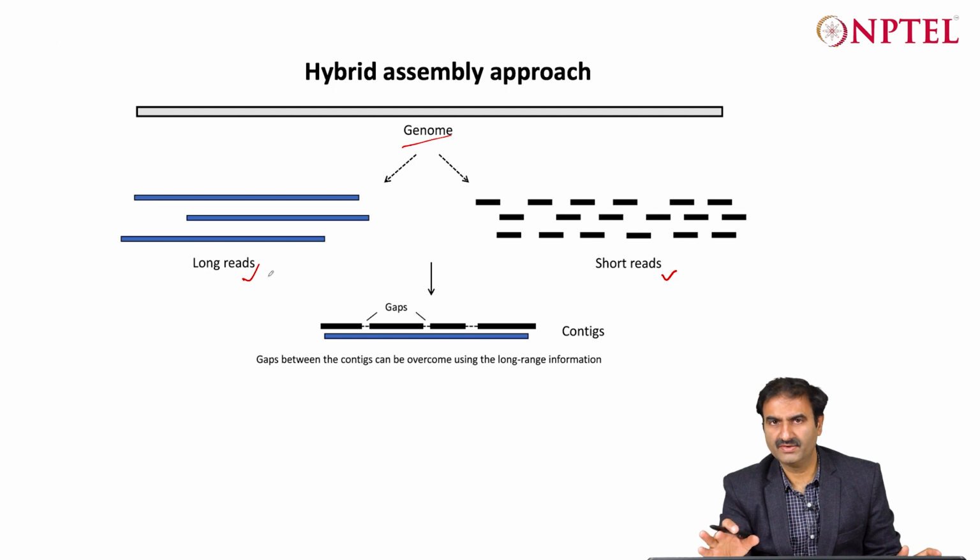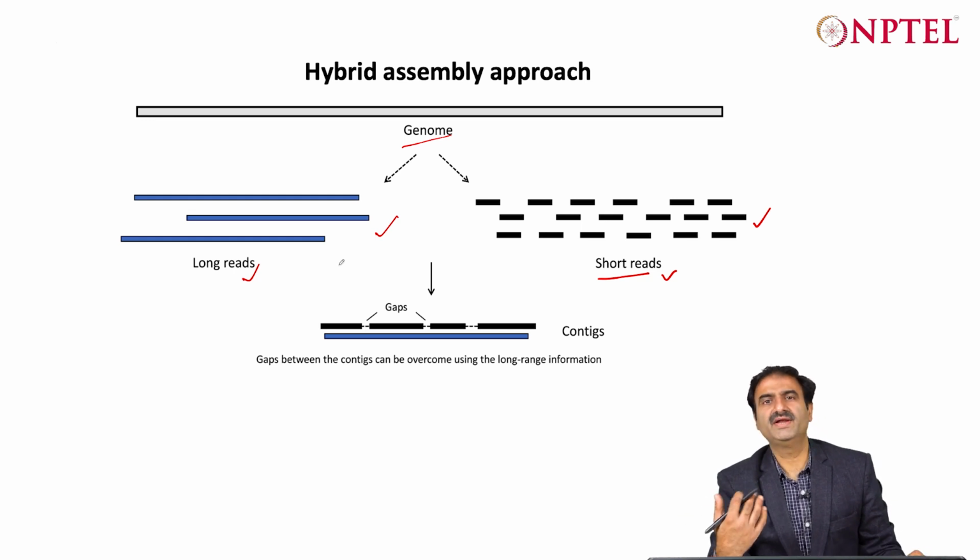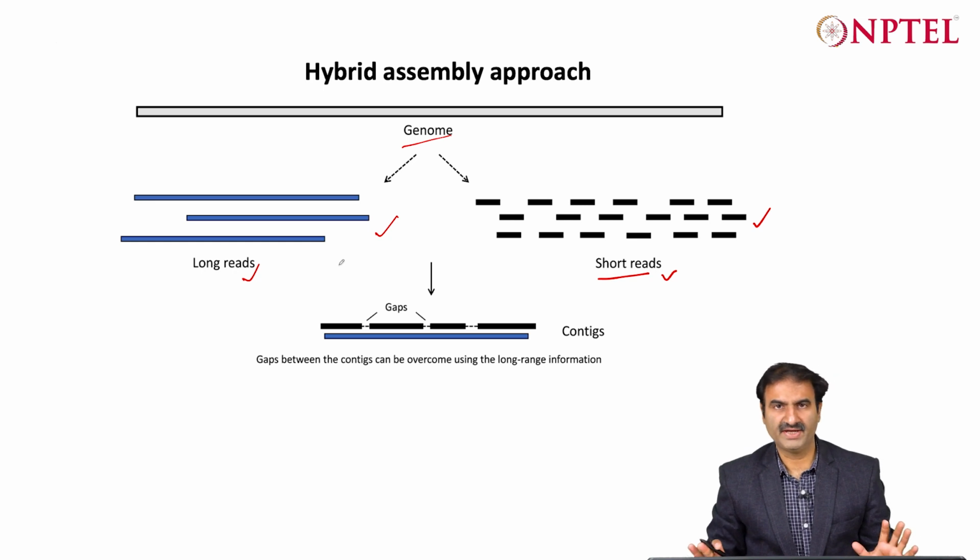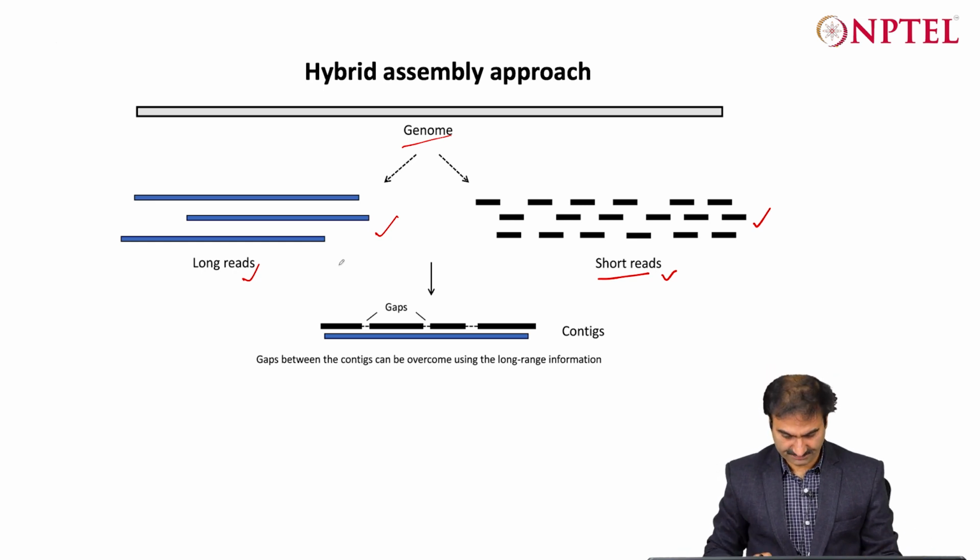Generally, though, assembling the two separately, generating the statistics from each separately, and then combining the two also plays a role in correcting the errors in the long reads, and that is called genome polishing, which we will see later, right. So that is also an idea in a hybrid assembly approach, okay.